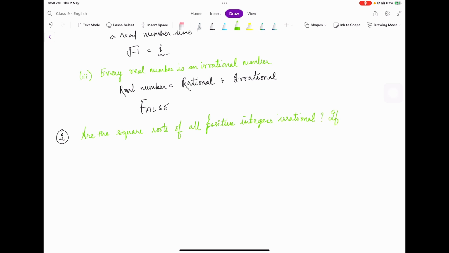If not, give an example of the square root of a number that is a rational number. Okay.